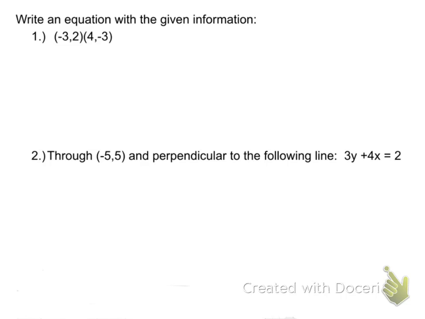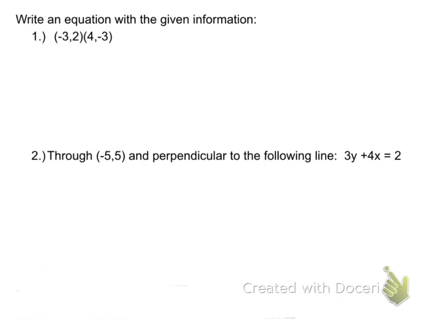Now, we talked about, I do believe last time, that when we find slope or the rate of change, it does not matter if I use y2 minus y1 over x2 minus x1, or y1 minus y2, but then I have to put it as x1 minus x2.